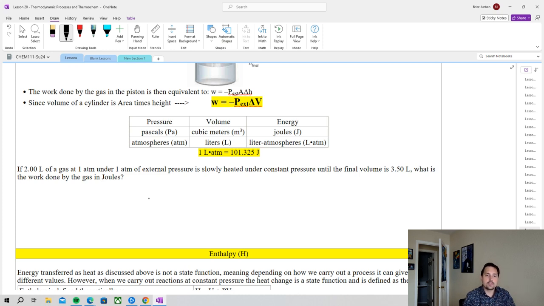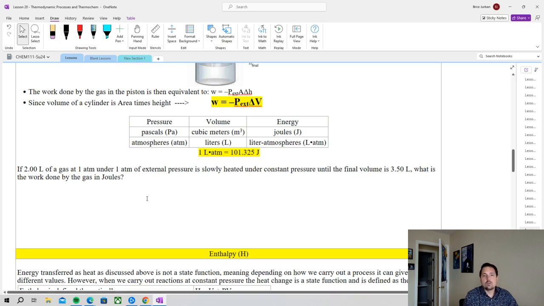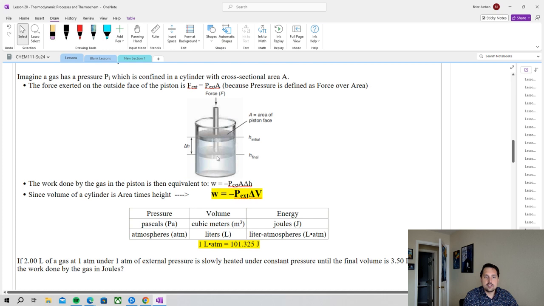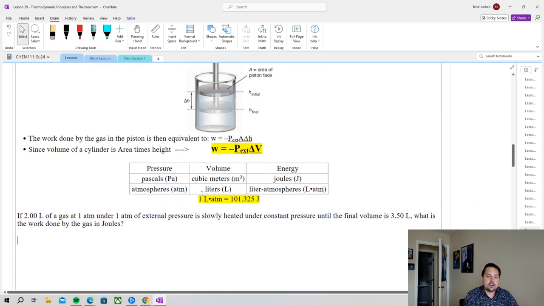They're in equilibrium. I then slowly heat that gas under constant pressure until the final volume is equal to 3.5 liters. I want to then know what the work done by the gas is in joules. So we're essentially expanding this container so that the volume is greater.